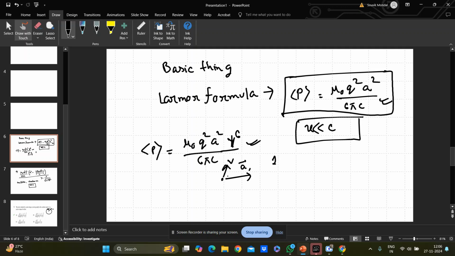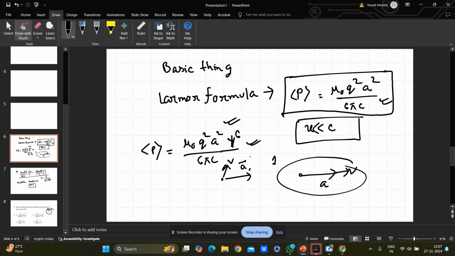If you have a constant velocity v in some other direction, then this formula will not be valid. It is only valid when a and v are in the same direction.